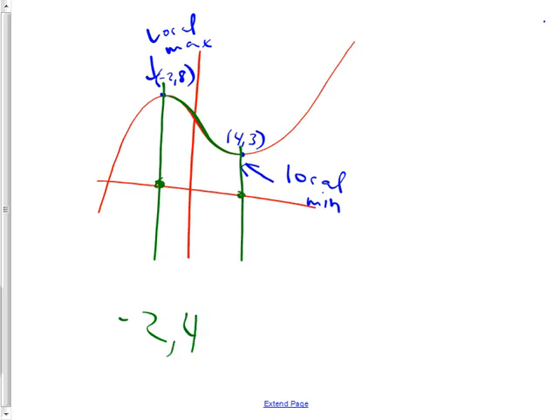And now this can be either brackets or parentheses. It does not matter. Because you could have a pretty good argument on both sides as to whether at the point 4 it's actually still decreasing there, or did it stop decreasing at 4? You could have a good argument. So the point is, you can use either brackets or parentheses. I don't care. I use parentheses, but you can use brackets and I won't mark it wrong.